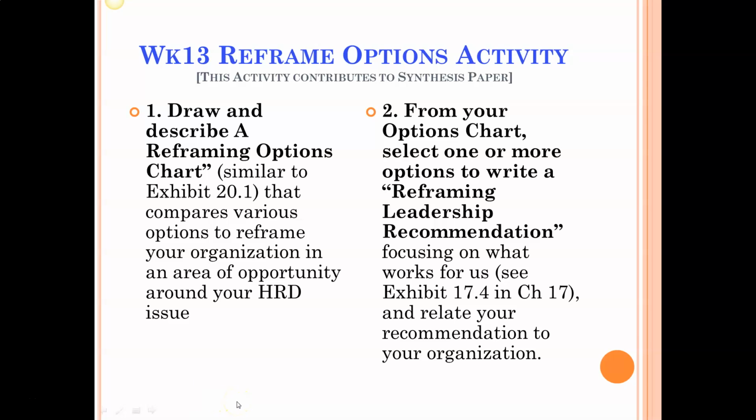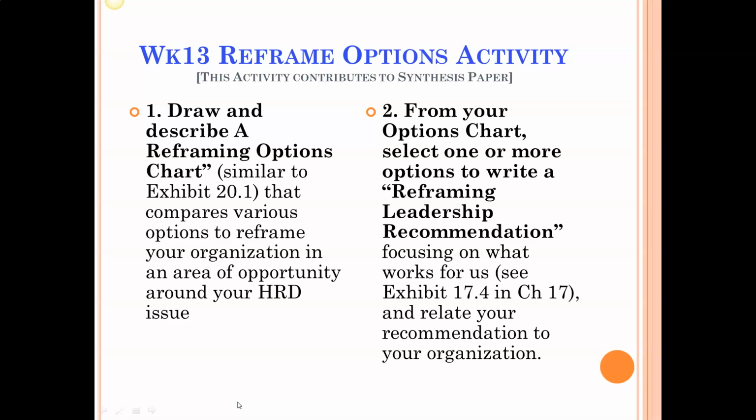Well, we're all back and working from home now, and you've turned in your symbolic papers, and you have taken the symbolic quiz, and now we are ready to look at things we can do to begin our synthesis paper.